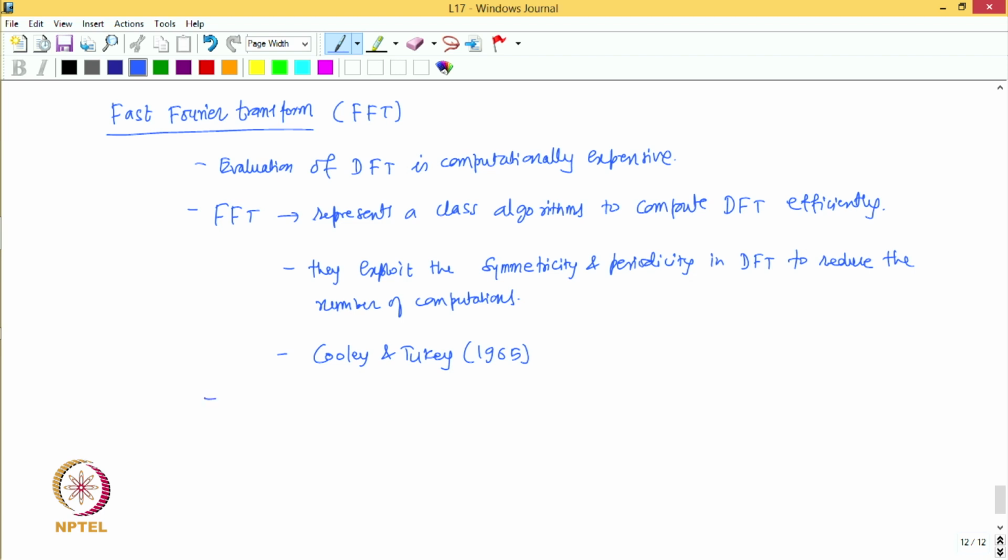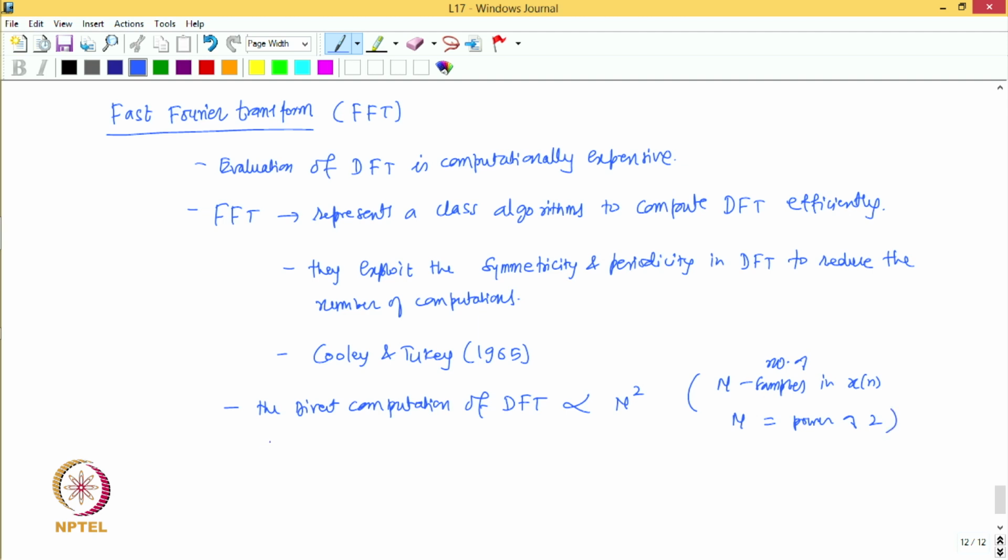If the DFT is computed directly, without any FFT algorithm, the computation is proportional to N square, where N is the number of samples in the signal x[n], and generally it is preferred that N is a power of 2, so 2 to the power 8, 2 to the power 10 and so on.